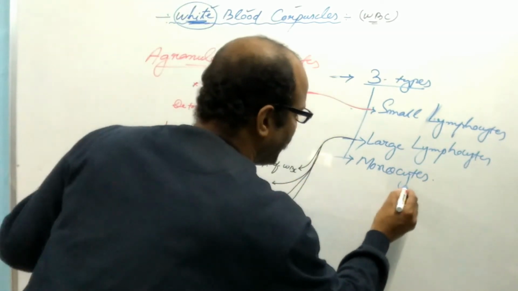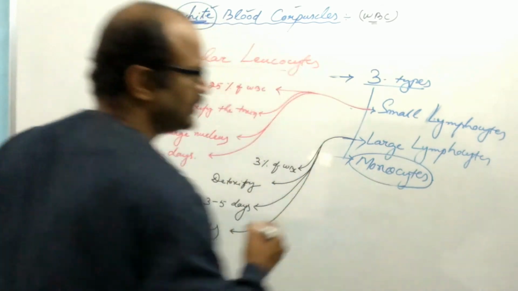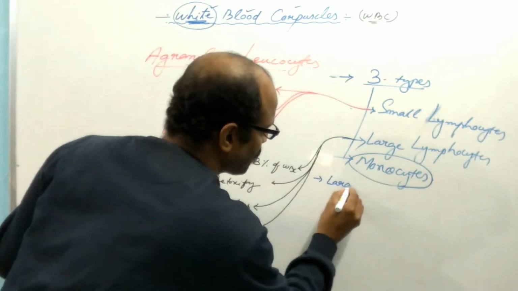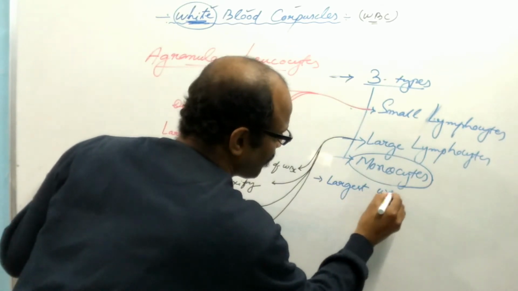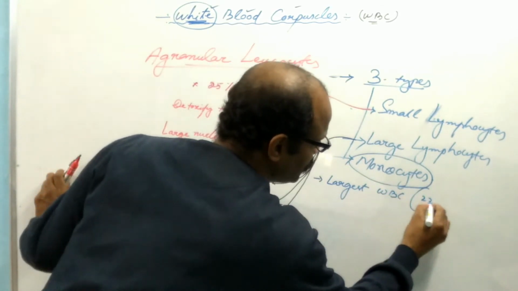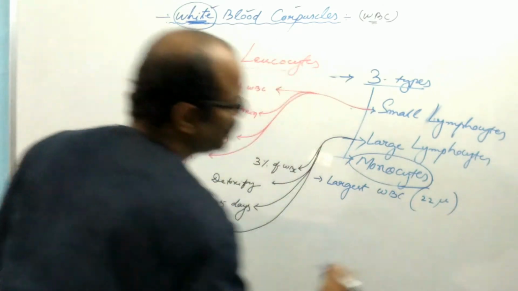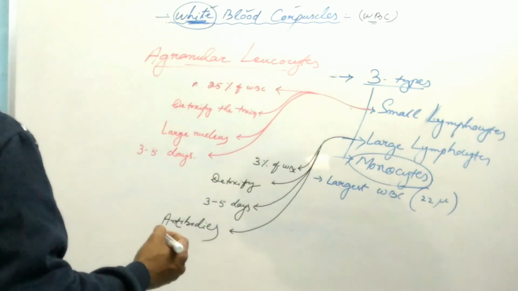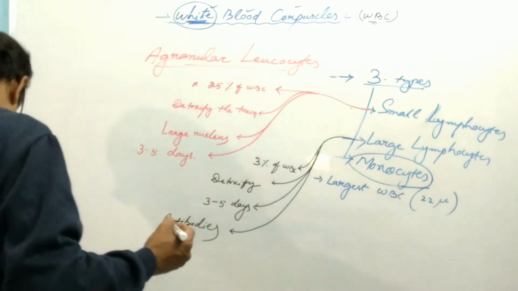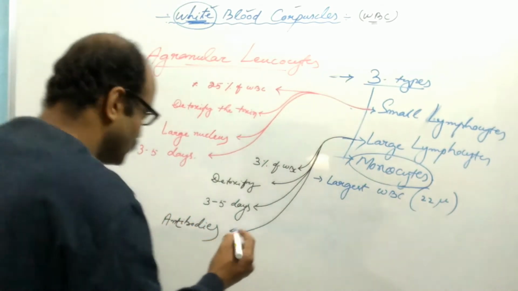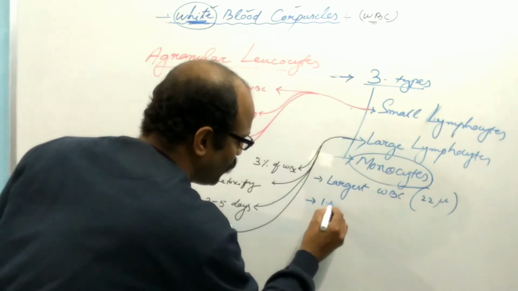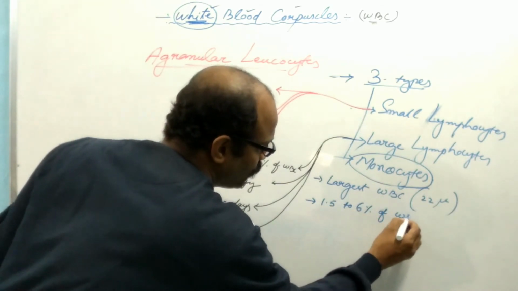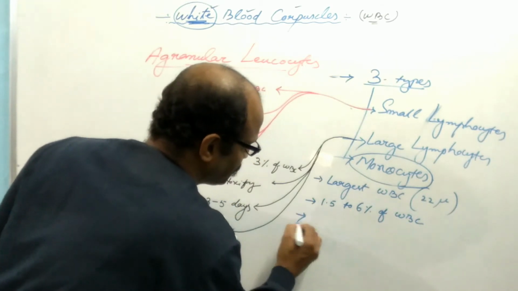The monocyte is the largest WBC, about 22 micron in diameter, and constitutes 1.5 to 6% of total WBC.